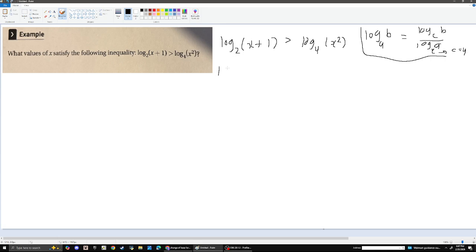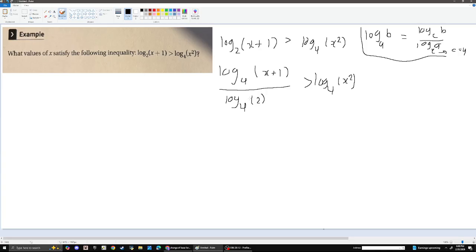So if we change this into log base 4, we have log base 4 of x plus 1 over log base 4 of 2 is greater than log base 4 of x squared.